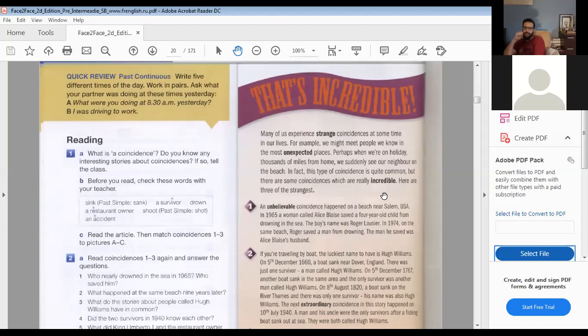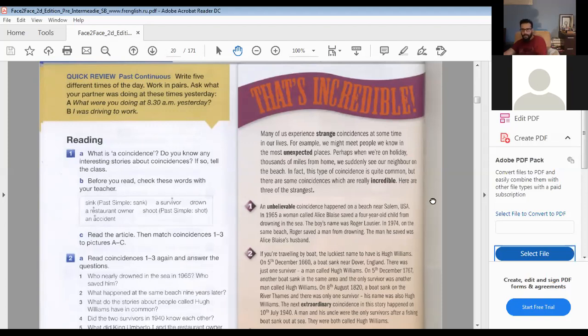For example, we might meet people we know in the most unexpected places. Perhaps when we're on holiday, thousands of miles from home, we suddenly see our neighbor on the beach. In fact, this type of coincidence is quite common, but there are some coincidences which are really incredible. Here are three of the strangest.